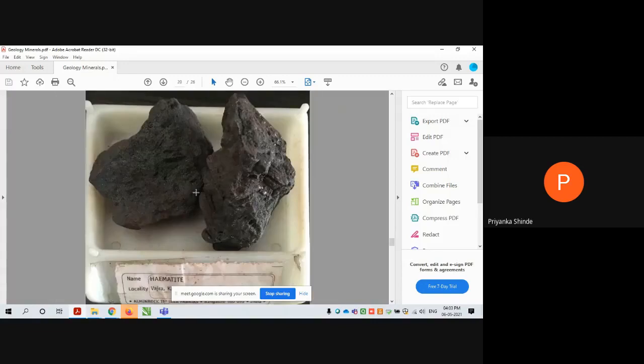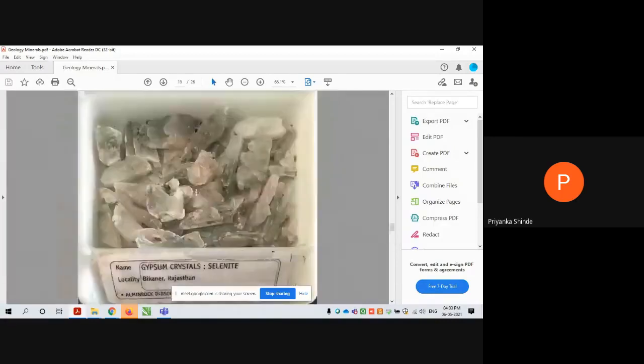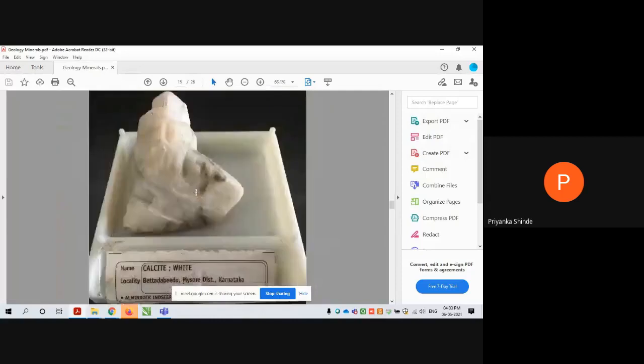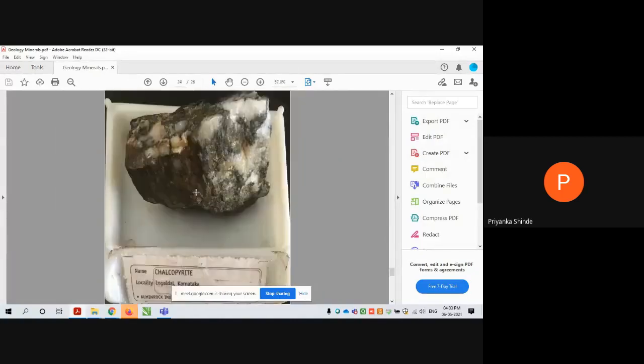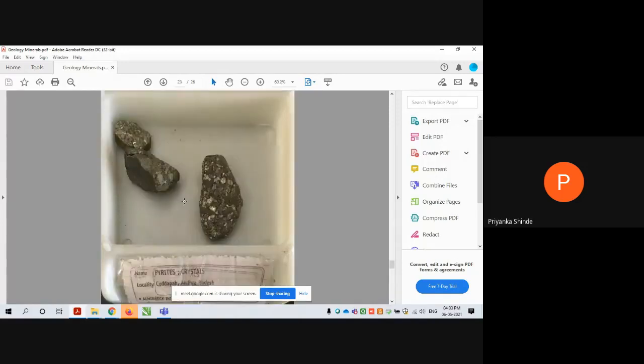Then we'll move on to the ore minerals. So what is an ore? Any idea? Ore. So this is hematite. Hematite, limonite, pyrite, chalcopyrite, chromite, bauxite, all these are ore minerals.